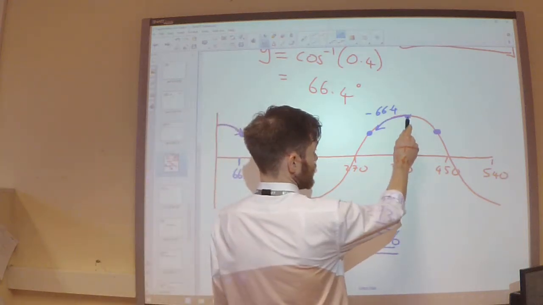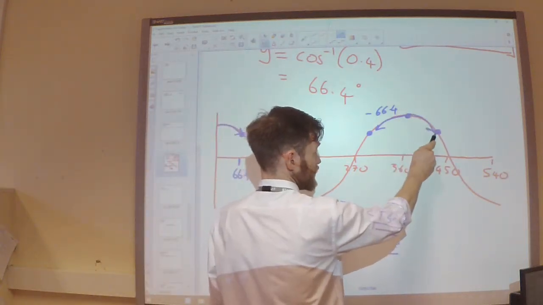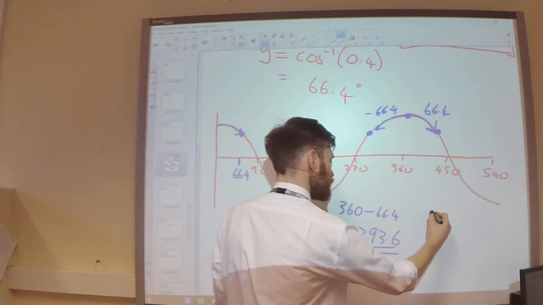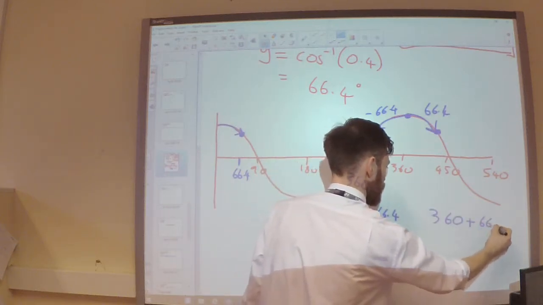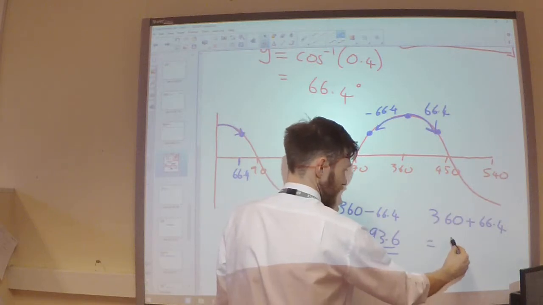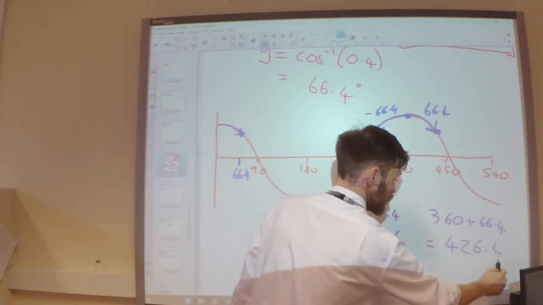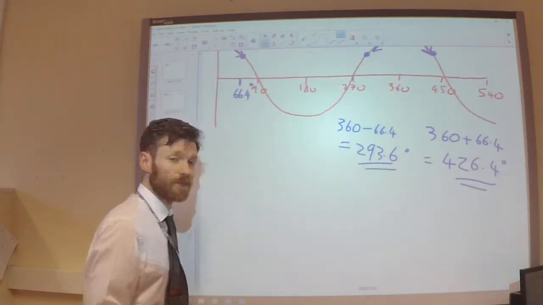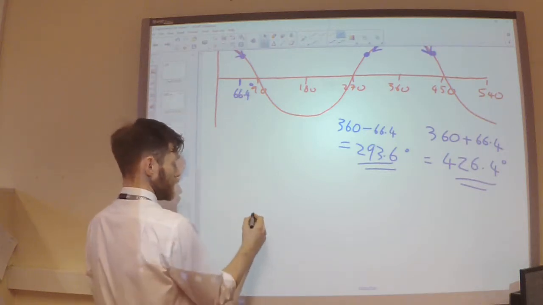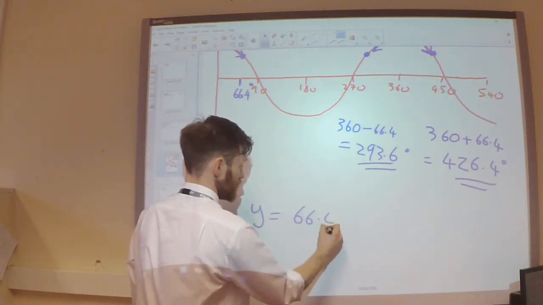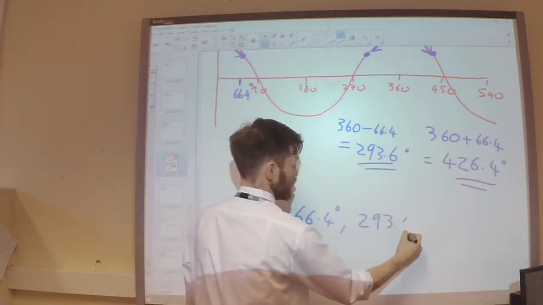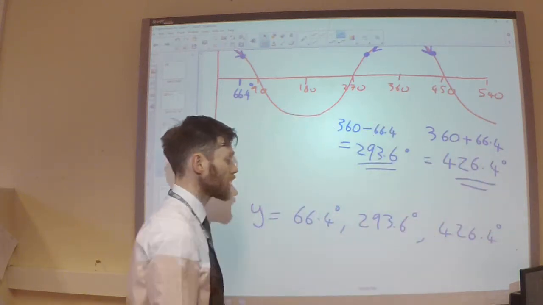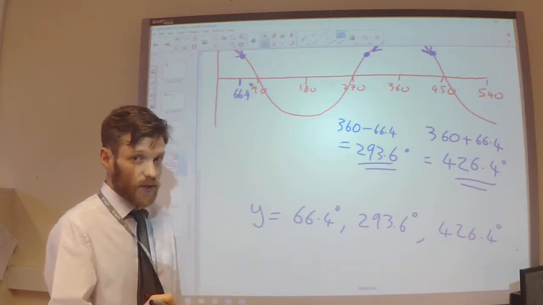And similarly, if I go to get this solution, that will be 66.4 degrees above 360. Which is going to give me 426.4 degrees. So, my 3 solutions for y are 66.4 degrees, 293.6 degrees, and 426.4 degrees.